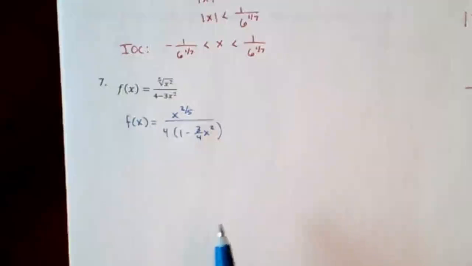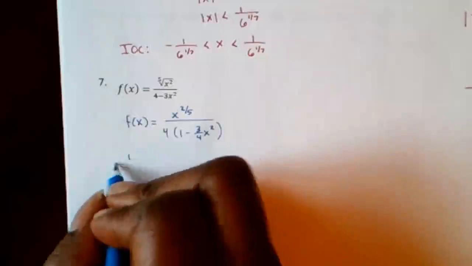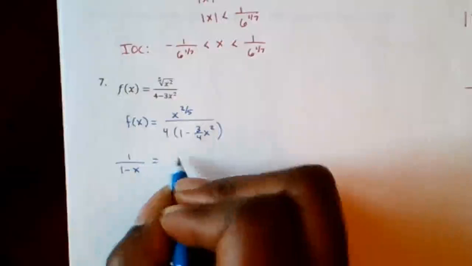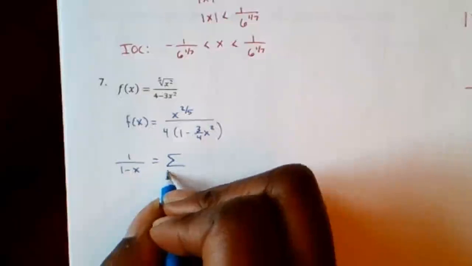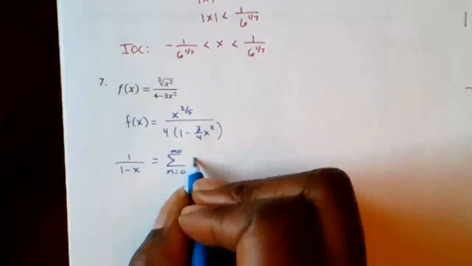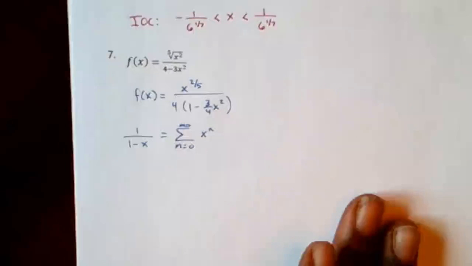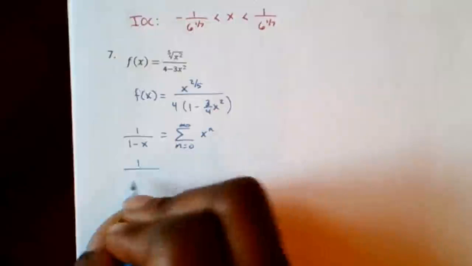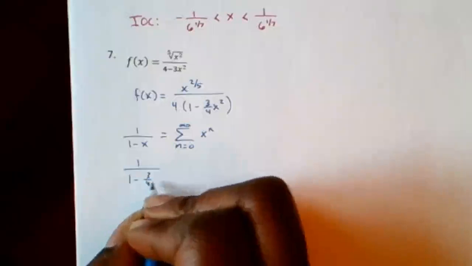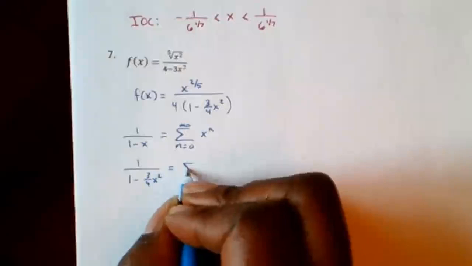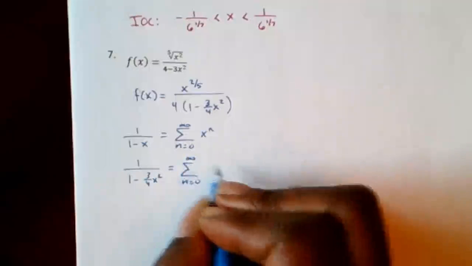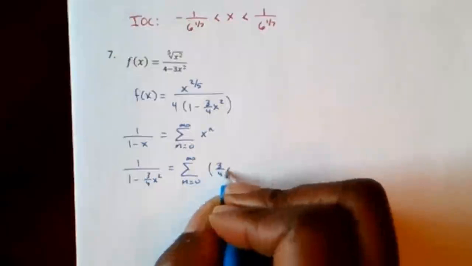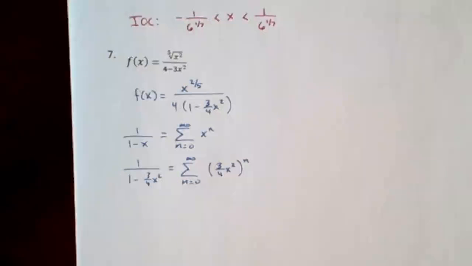All right, so once I have it in this nice form, again, I'm going to start building my function with our basic geometric. All right, and then everywhere I see an x, I'm going to put the 3/4 x squared. So I have 1 over 1 minus 3/4 x squared equals the sum n equals 0 to infinity 3/4 x squared to the n.